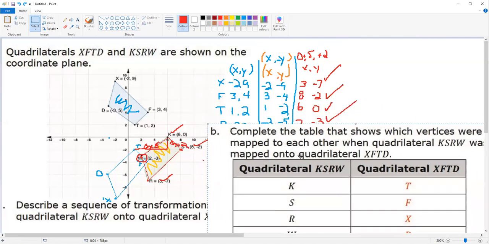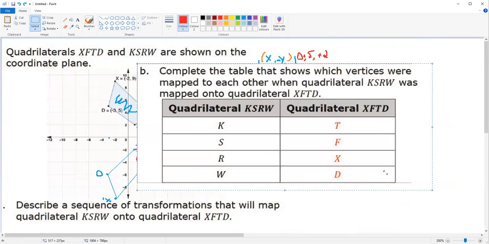Yep. So you can see that. Shrink this so you can see it.